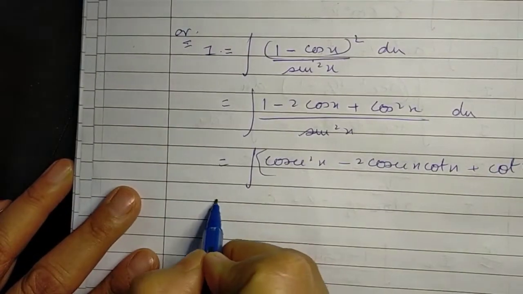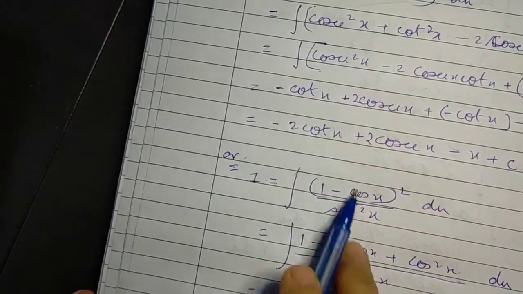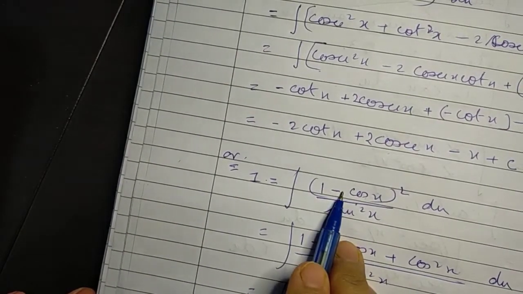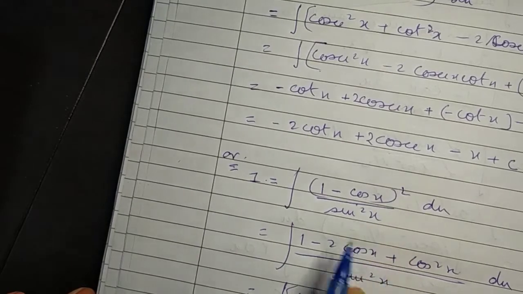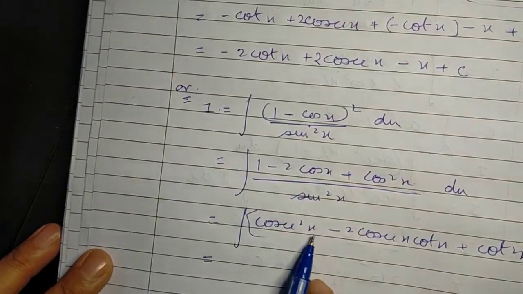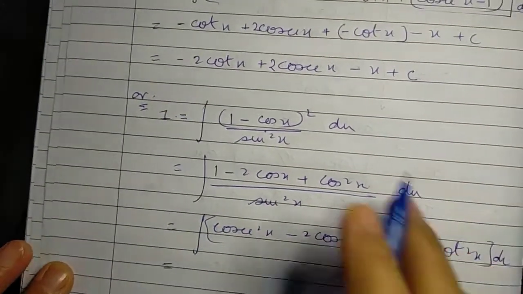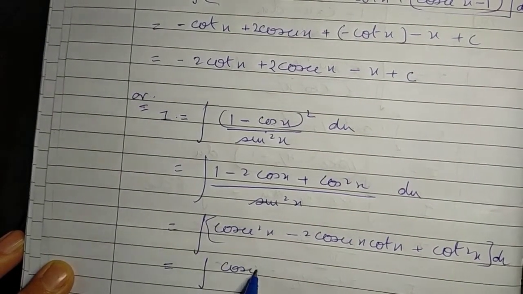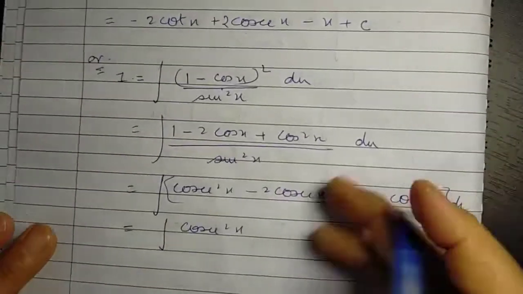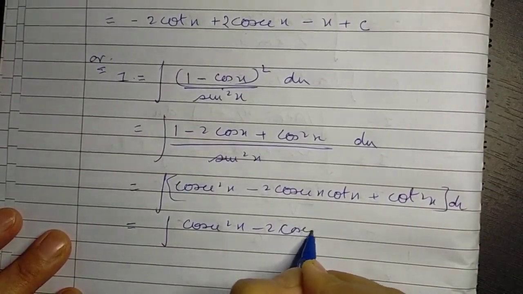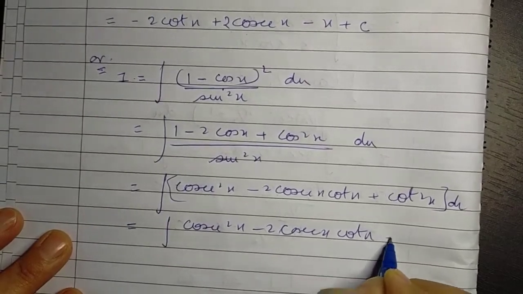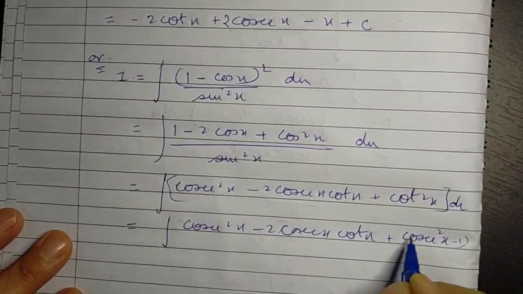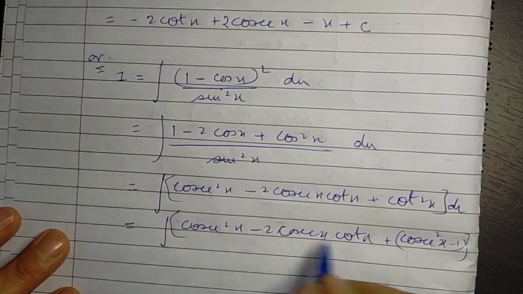So it is the same step. Whether you keep the sine inside and then open the square, or you first open the square and then divide by sine squared, you get the same steps, which can be solved in the same manner. Cosec squared x minus 2 cosec x cot x plus cosec squared x minus 1, whole into dx.